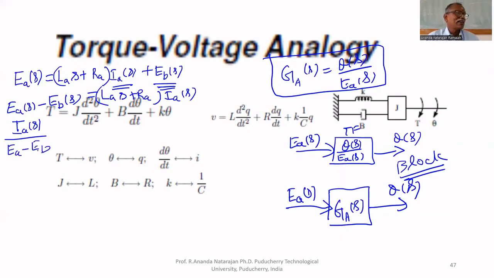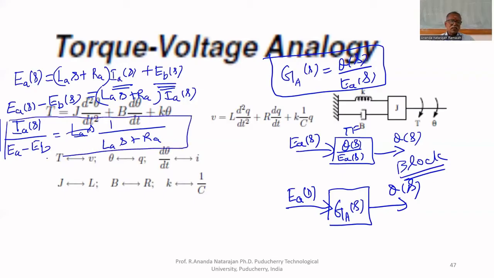I am leaving S. EB equal to 1 upon LA S plus RA. You got one transfer function. In this case, the input is EA minus EB, output is IA, armature current.